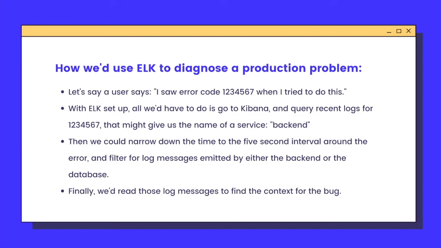We'd see that the service that emitted that log was backend, and we'd see what time that log was emitted. So we could go to the time in that log and look at the messages above and below it in the backend. Then we could see a better picture of what happened for the user's request. And we'd be able to repeat this process, going to other services until we found what actually caused the problem for the user.